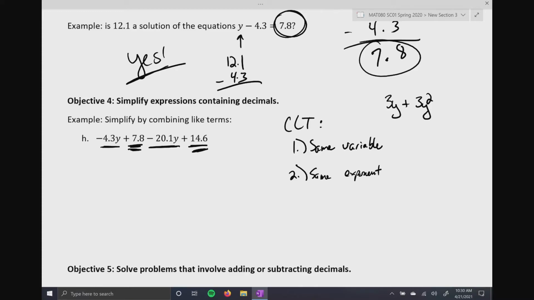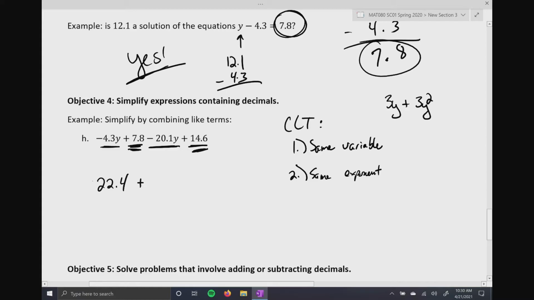Okay, did anybody get an answer yet? 22.4 plus negative 24.4.